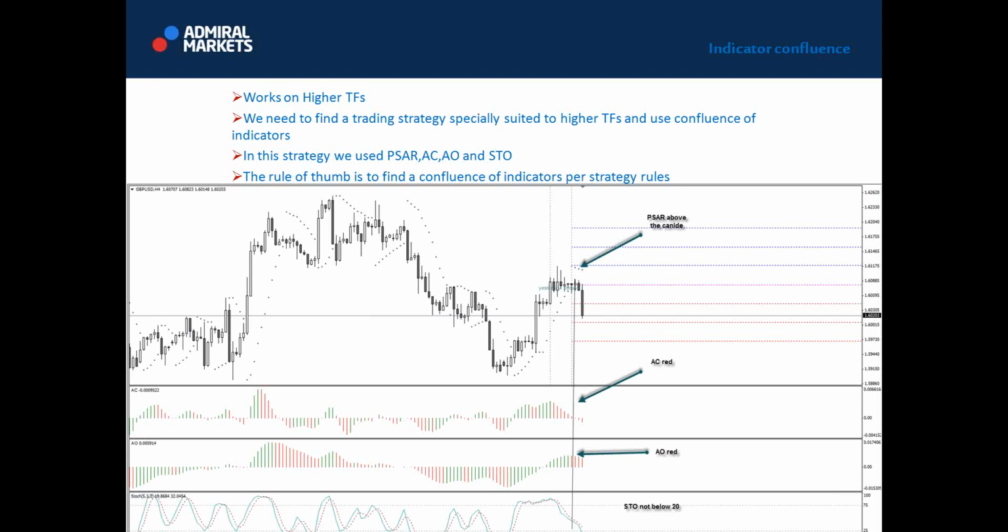So first we need to find a trading strategy specially suited to higher time frames and use confluence of indicators. We will not bother with this strategy particularly. We will just explain how indicators which are great for a strategy can be aligned to create a confluence. The rule of thumb is to find a confluence of indicators for the strategy rules. The first rule is to trade it on higher time frames. The second is that the strategy needs to have a leading indicator, a lagging indicator, and an entry indicator, as we have learned through our webinars.